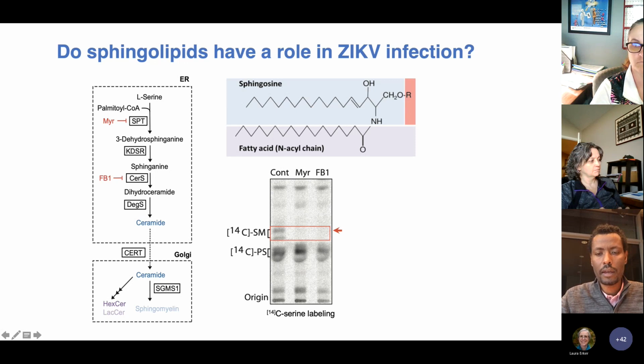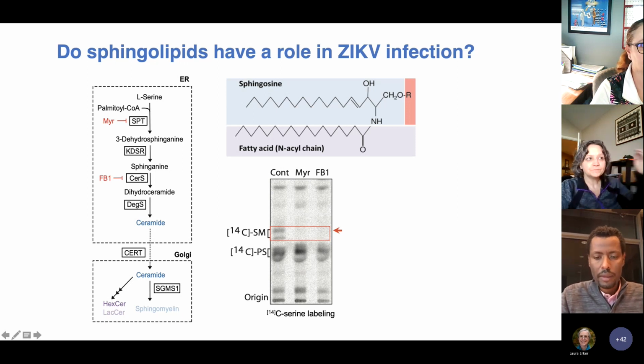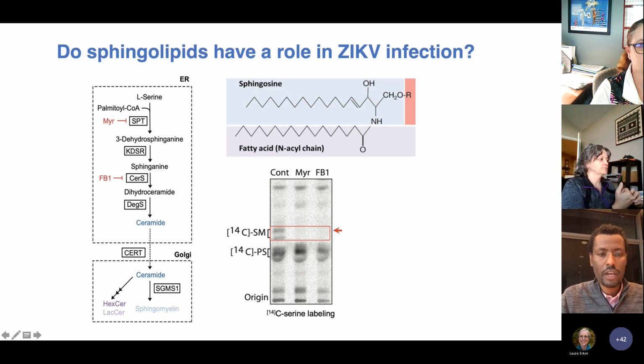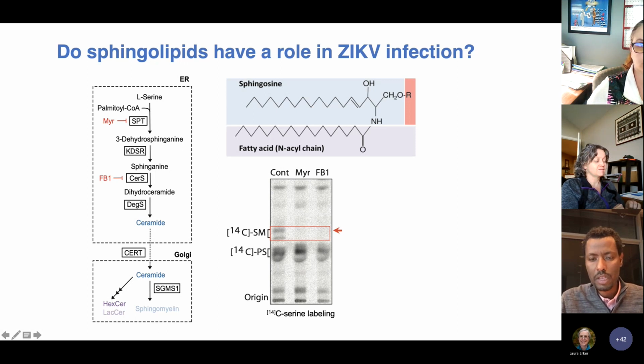To test the inhibitory effect of these molecules, we treated the cells with these compounds and labeled the cells with 14C labeled serine, which is the very first precursor. Then we can look at the formation of different species of the sphingolipids, in this case sphingomyelin. This is the thin layer chromatography showing that the sphingomyelin in myriocin and FB1 treated cells is completely absent, showing the efficacy of these molecules.